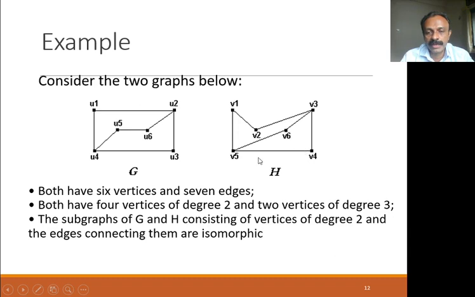Here we can also observe that the vertices V1, V2, V6, V4 are of degree 2 and V5 and V3 are of degree 3. The subgraphs of Z and H consisting of vertices of degree 2 and the edges connecting them are isomorphic. So if we consider the subgraph underlying these vertices and edges, we can easily show that they are isomorphic to each other.